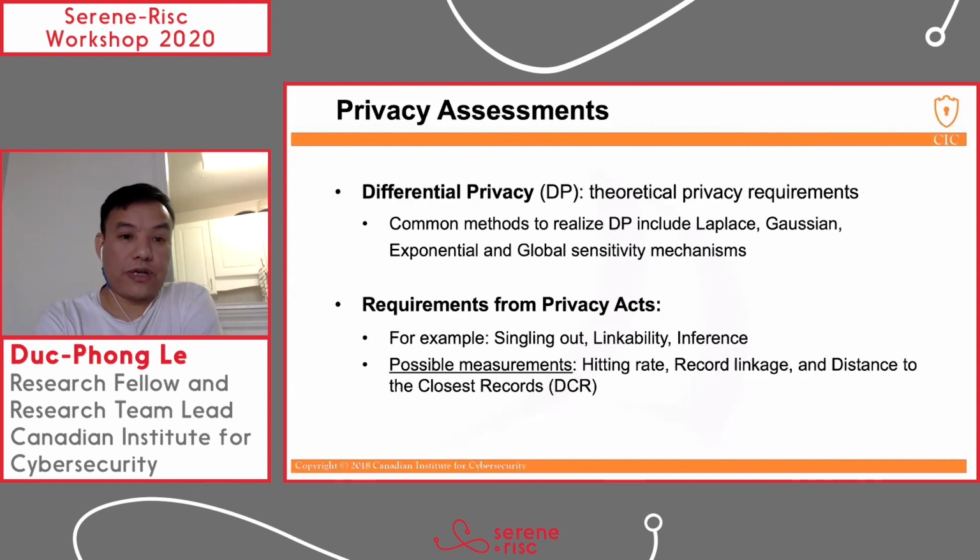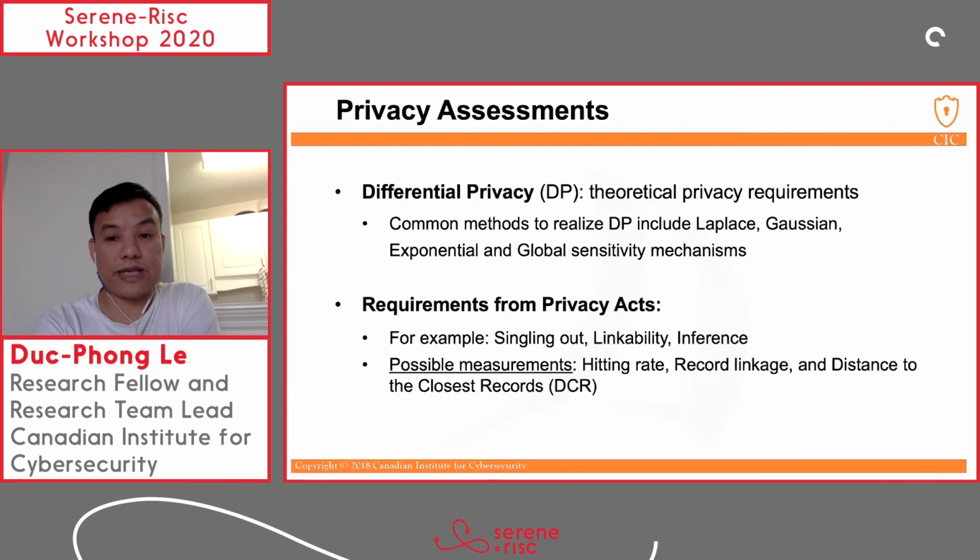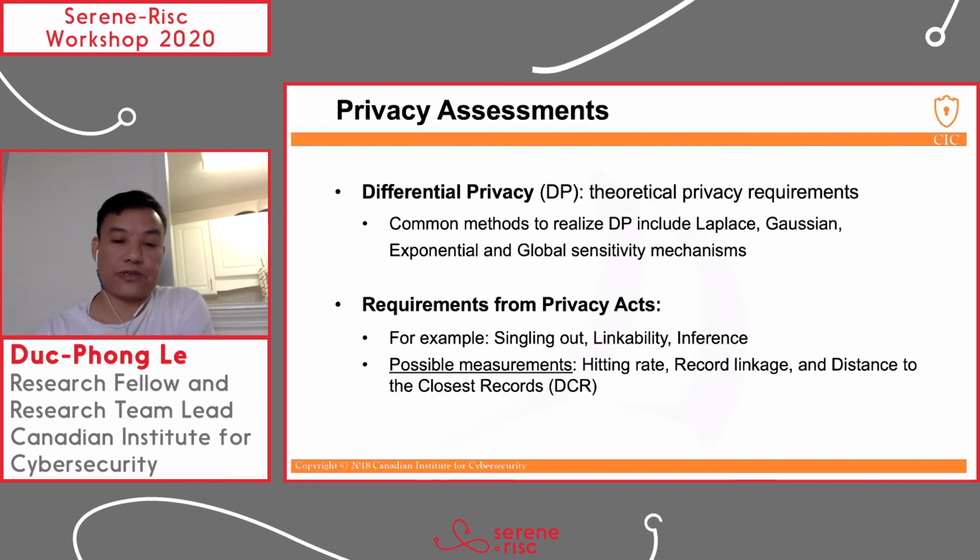For differential privacy, usually it can be realized by using mechanisms such as Laplace, Gaussian, exponential, or global sensitivity mechanisms. To measure the privacy with respect to practical privacy acts, we can implement and measure the hitting rate, record linkage, and the distance to the closest records.